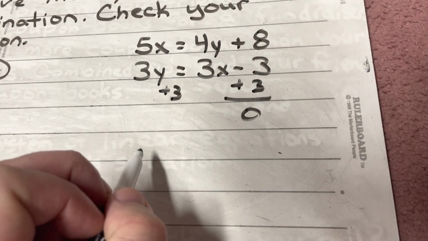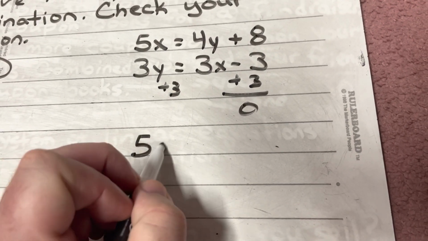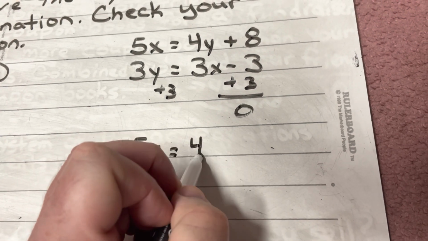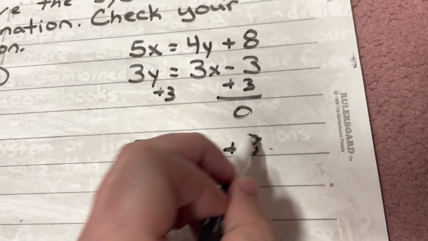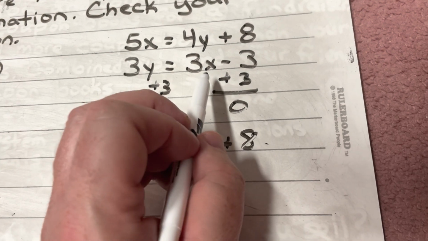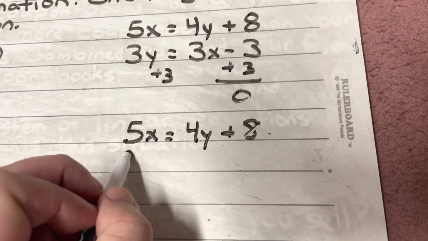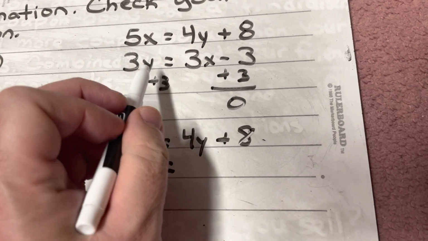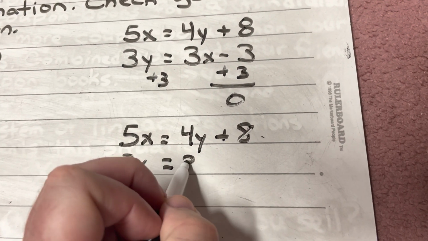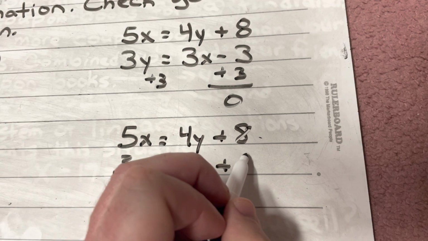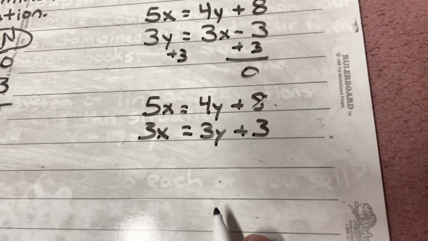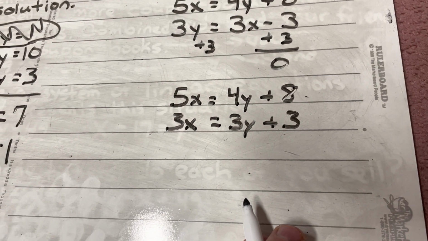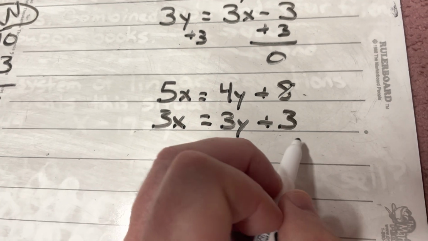Let's get everything organized. 5x equals 4y plus 8. Let's go ahead and get things lined up. I know that the 3x is by itself, so we're going to have 3x there, and then that equals 3y plus 3. So I want to make either my x or my y the same.